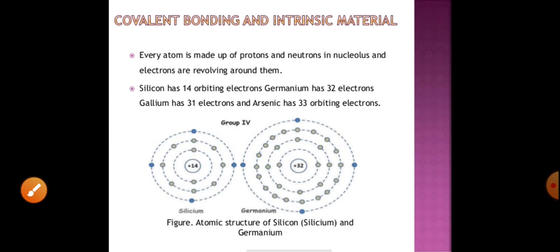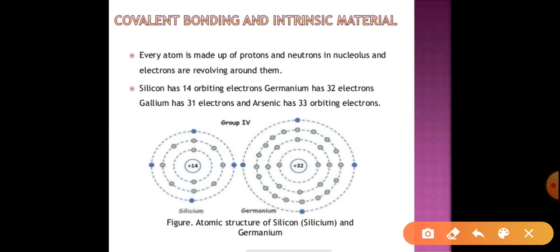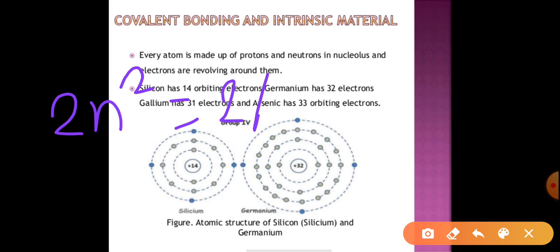As far as germanium is concerned, the electron distribution in any atom is given by the formula 2n squared, where n is the orbit number. For n equal to 1, 2 into 1 squared gives 2 electrons in the first orbit. For n equal to 2, 2 into 4 gives 8 electrons. In the third orbit, 2 into 9 gives 18.